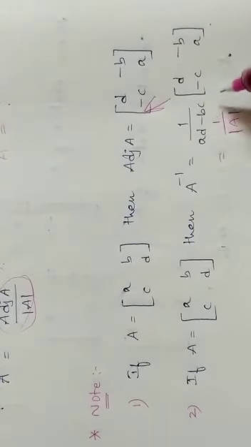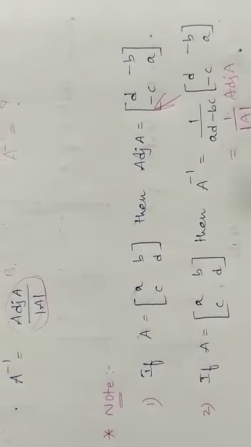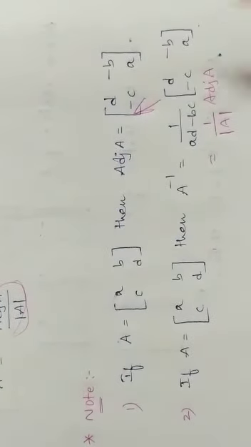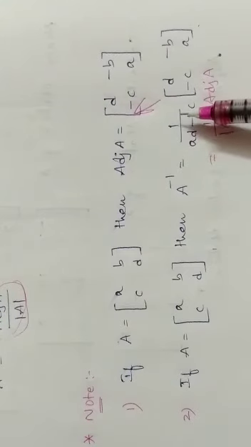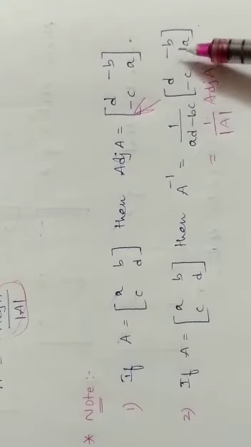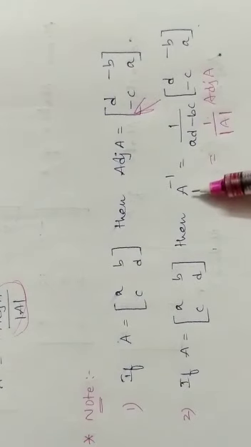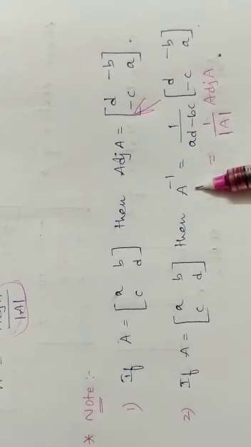This is nothing but the adjoint matrix. What I said above, A inverse equal to adjoint A by det A, the same. We use this in a simpler manner for 2 by 2 matrices, whereas for 3 by 3 matrices we use adjoint A by det A to find the inverse of a matrix. Right.